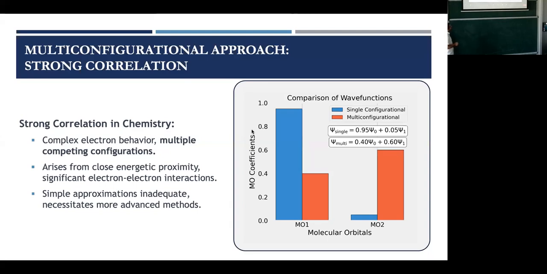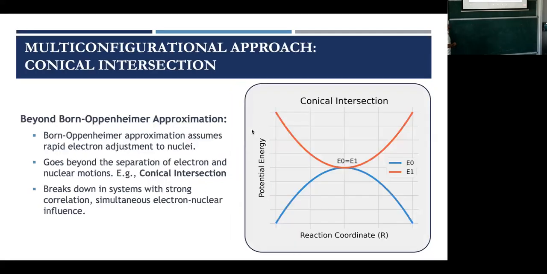But there are cases where both the molecular orbitals, here I'm just showing two, there could be more, play a role. Then we need a multi-configurational approach. And this arises when the electronic states, the energy levels, are very close to each other. And we need more advanced methods.